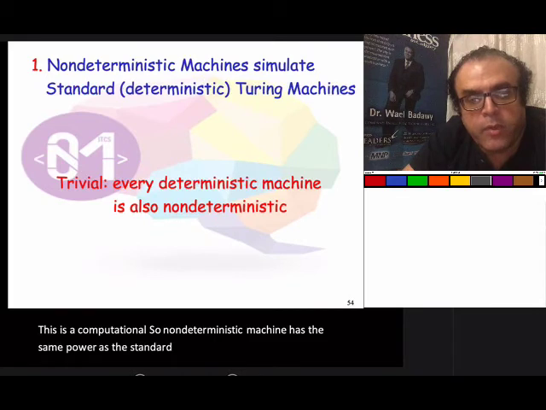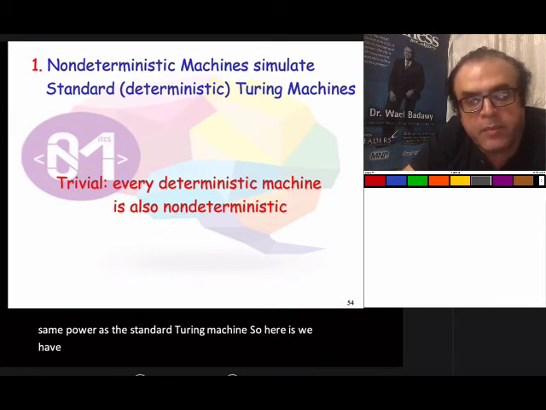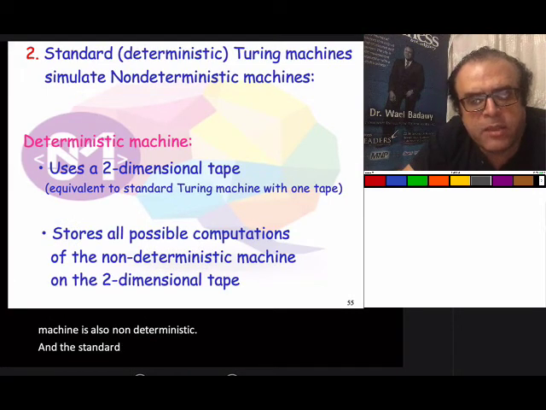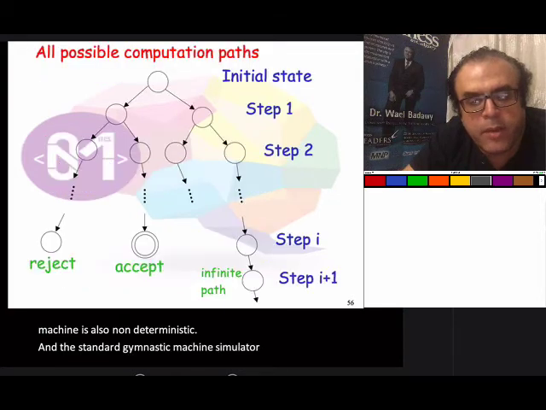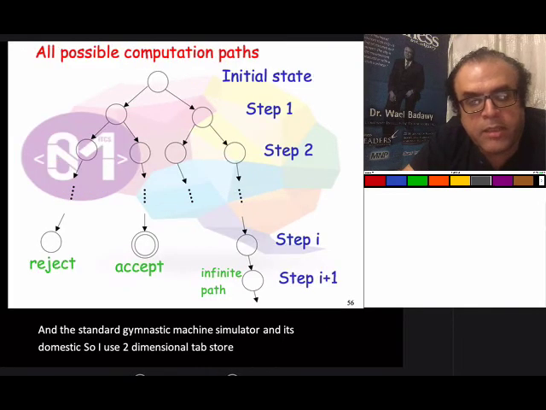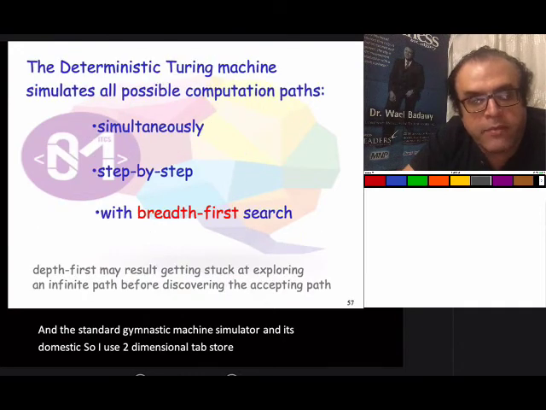So here we have the non-deterministic simulation first. Every deterministic machine is also non-deterministic, and the standard deterministic machine simulates the non-deterministic one. I use a two-dimensional tape to store all possible computations of the non-deterministic machine. I will extract all the computations, which may include infinite paths.